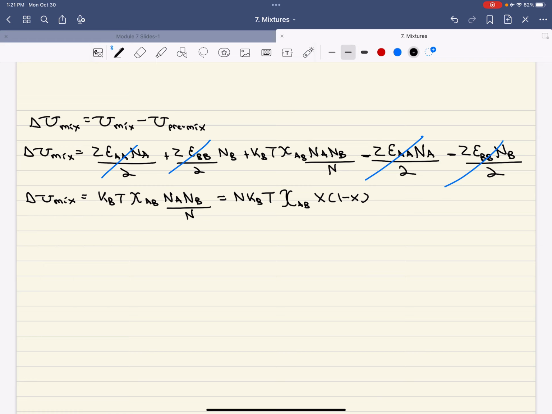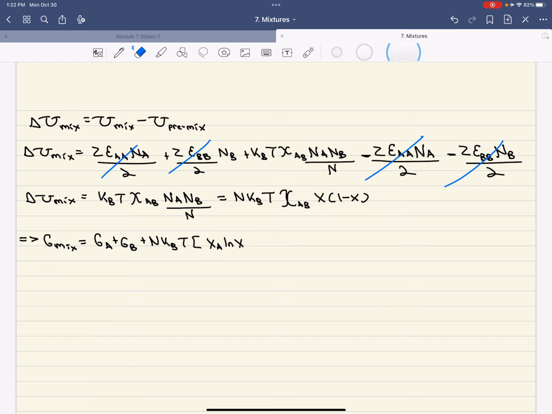Now that we have delta U mix, I can describe G mix like this: GA plus GB plus N kBT, and here's the entropy of mixing.